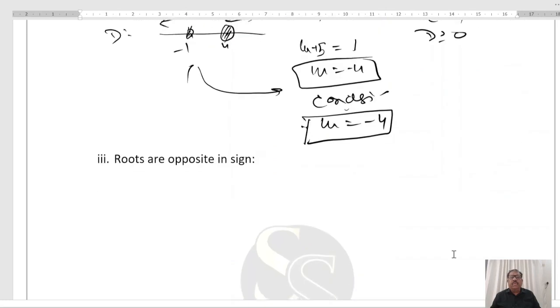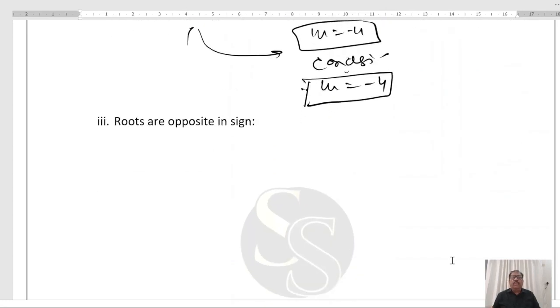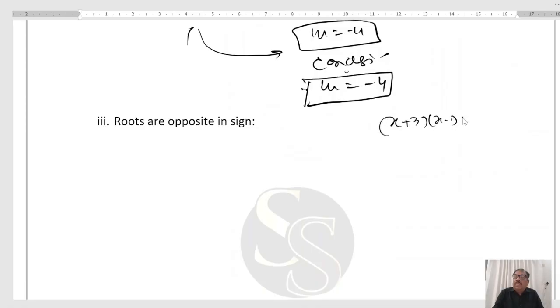Next part. Roots are opposite in sign. Opposite in sign means, suppose (x plus 3)(x minus 1) equal to 0, that is x square plus 2x minus 3 equal to 0.